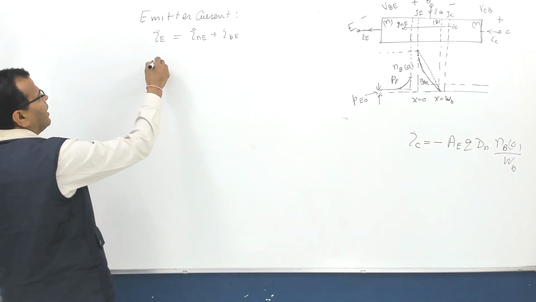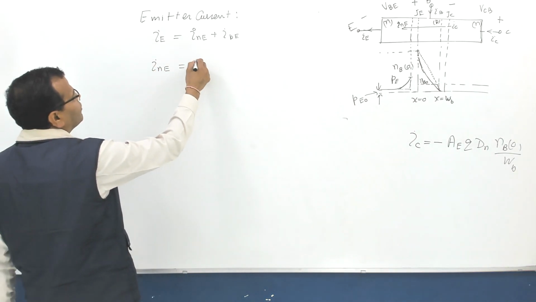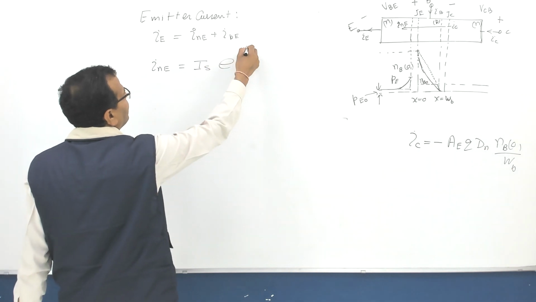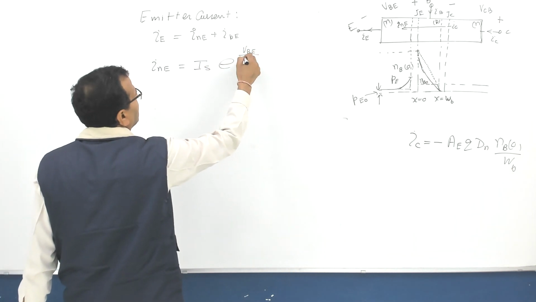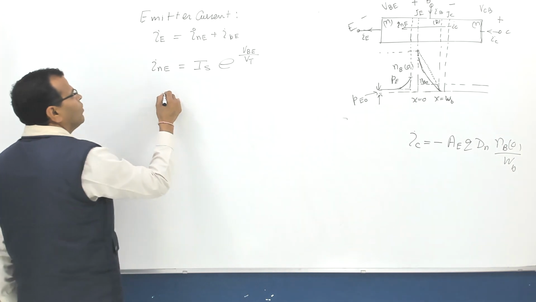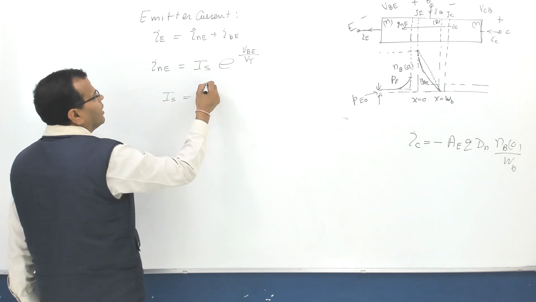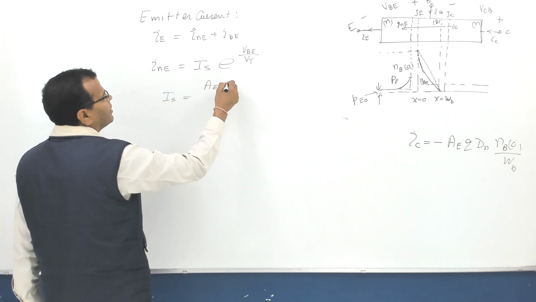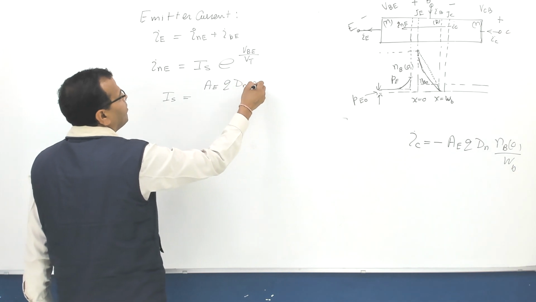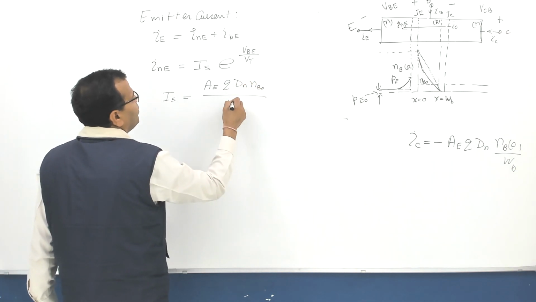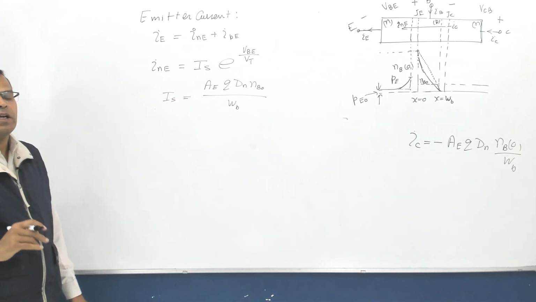One component, IEN, I have already seen, that is IS e raised to power VBE by eta VT. You know what IS is? That is the area of cross section of the emitter junction, Q, dN, NB0 by WB. That is one component of the emitter current.